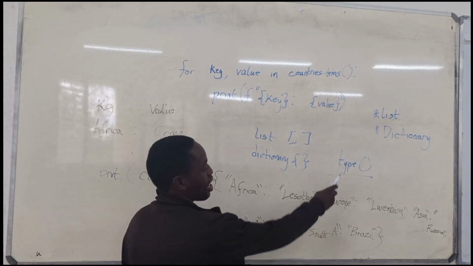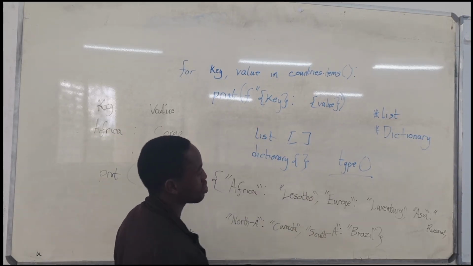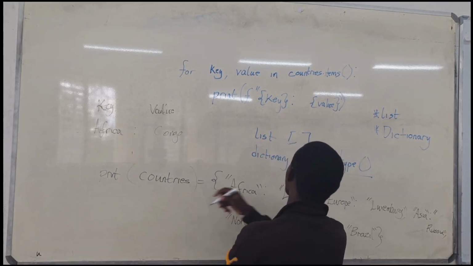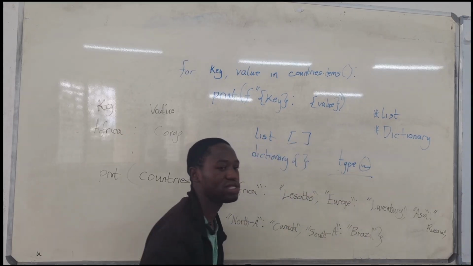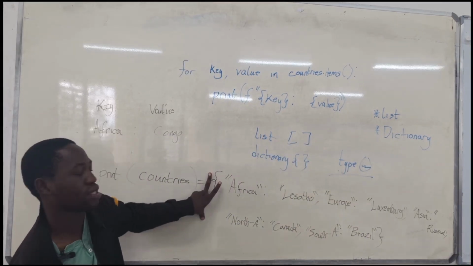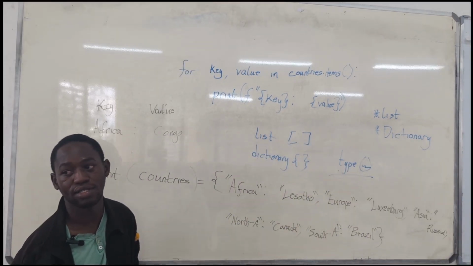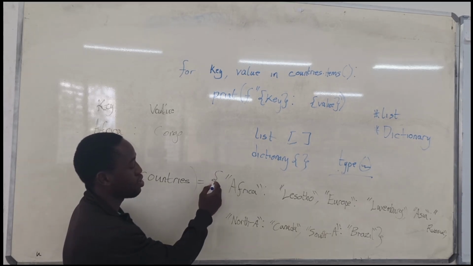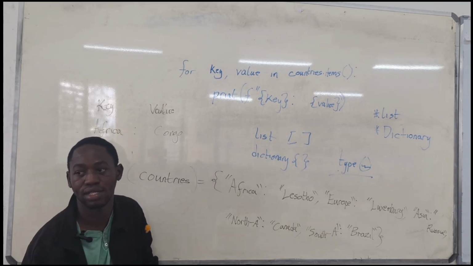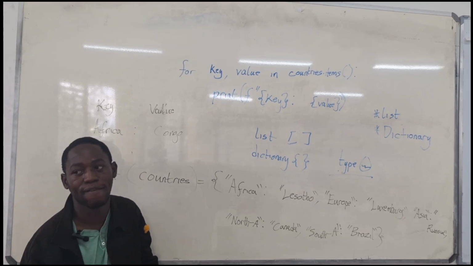For example, if you were to say type and then add the name countries inside here, you will see that it shows you this thing is a dictionary, just based off the curly braces. That's just how it is.